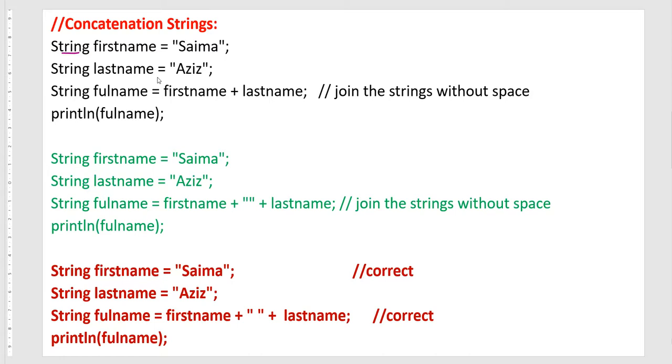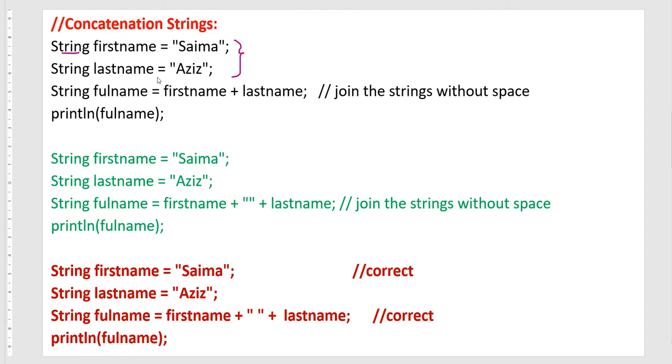Before the variable name, you have to write what type of data type you are using, int, float, or string, and then we will learn more. So String lastName is Aziz, again in quotation and with a semicolon. Concatenation means if we want to join these two variables, right?